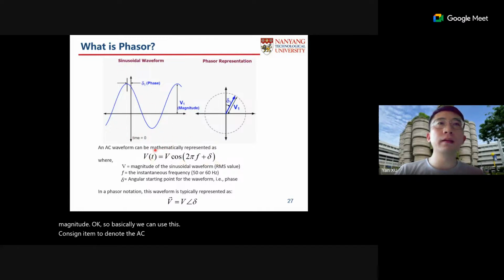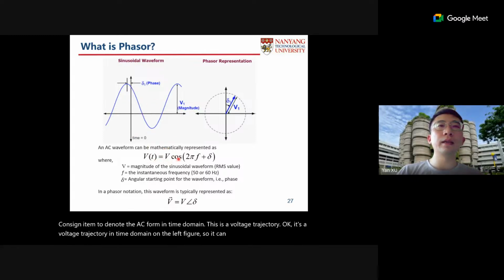In the time domain, this is a voltage trajectory, shown on the left figure. It can be denoted as V, the maximum value of this sinusoid waveform, times the cosine item, 2 pi f t plus sigma.